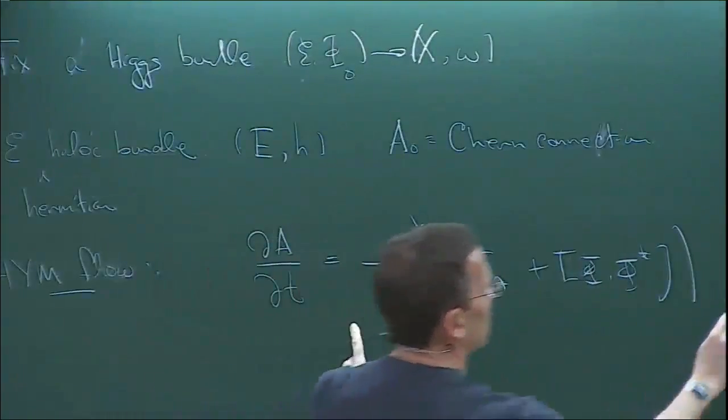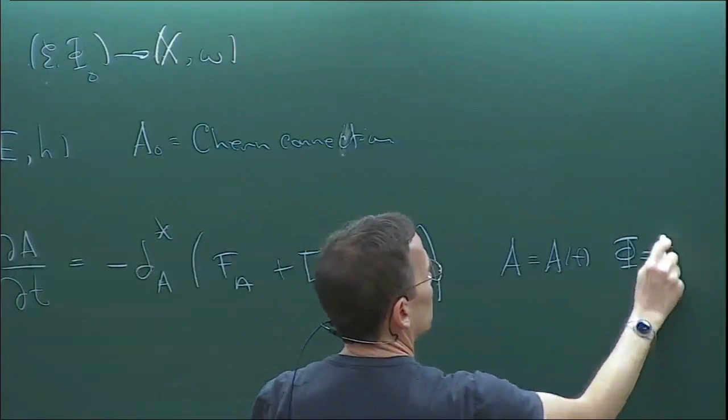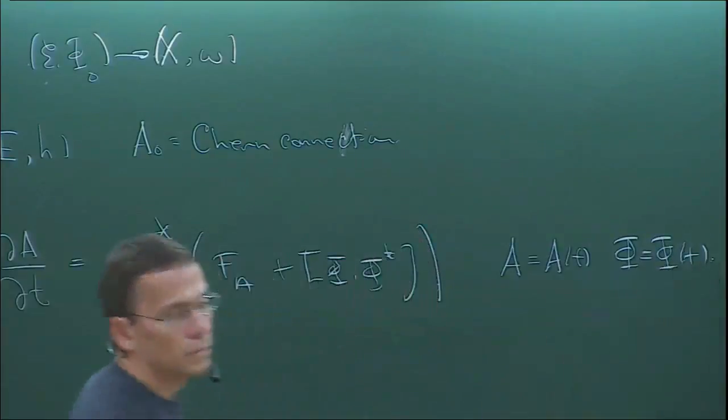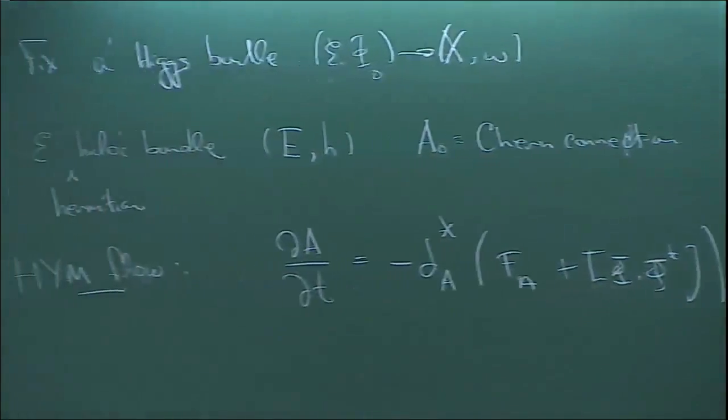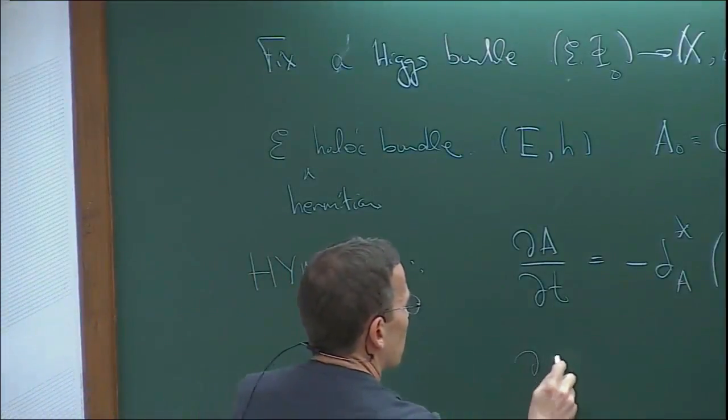So here again, A is now a family of connections, and phi is a family of 1-0 forms with values in the endomorphism bundle. And there's also an equation for how phi evolves.